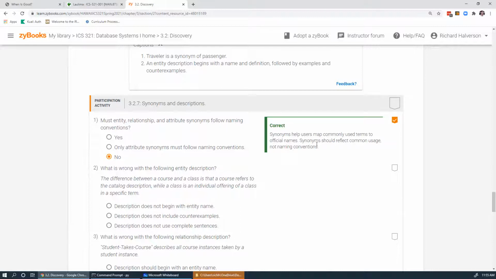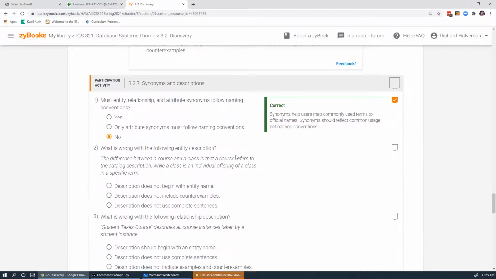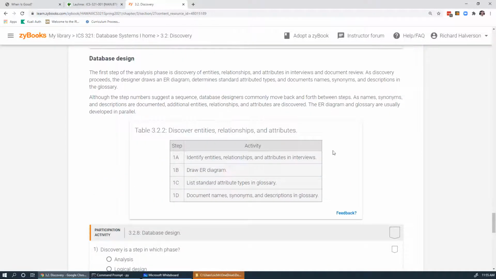Synonyms help, but okay, anyway, so the database design, the first step of the analysis phase is discovery. As we just saw, as discovery proceeds, the designer draws an ER diagram, determines standard attribute types, documents names, synonyms, and descriptions in the glossary.